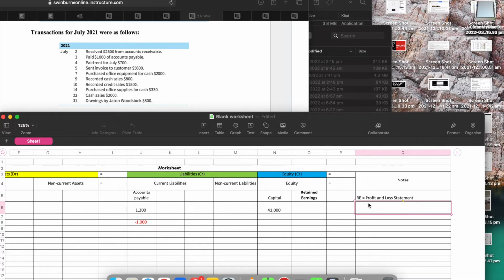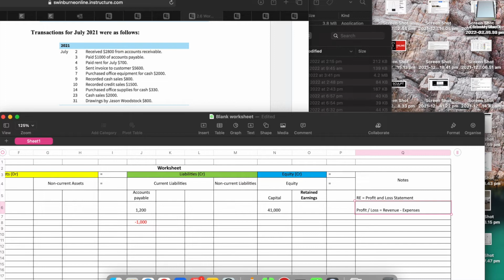Okay, so what does our profit and loss make up of? It makes up of revenue, and it makes up, well, profit, or it can be a loss, profit loss equals revenue minus expenses. So what is revenue? Money we earn from selling stuff. What are expenses? The cost of those selling things.